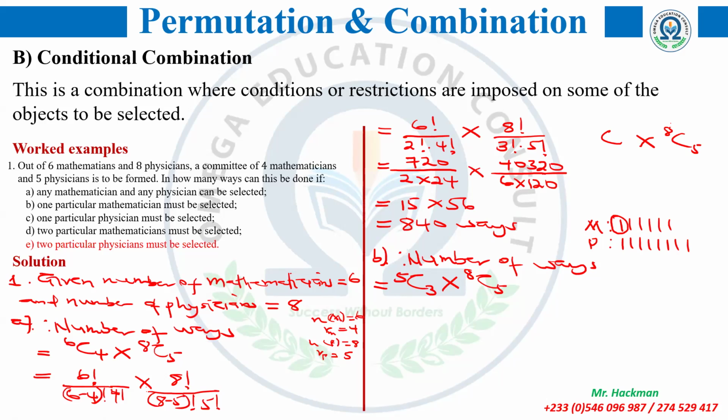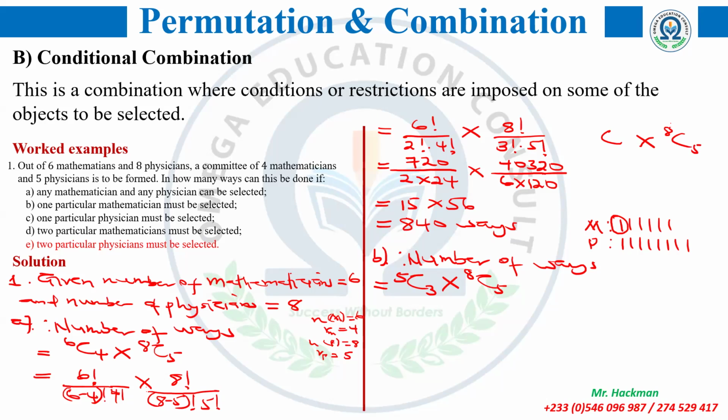So if you are going to select again, your original r, which is 4, is short by 1. You cannot go and select 4. Otherwise, if you select 4 and add it to the one that is there, how many mathematicians do you have in the committee? You have 5, but the condition is that you are supposed to have only 4. You get it?